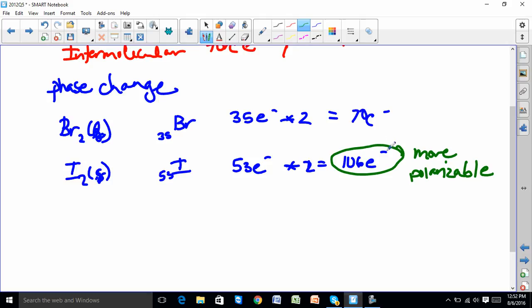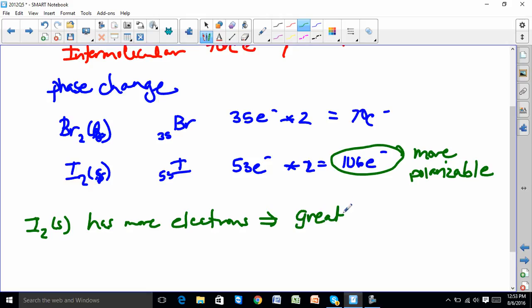But the answer that I probably would have given, and remember, they would take either one, is that I2 solid has more electrons. Hope you can see that. That implies it has greater London dispersion forces.